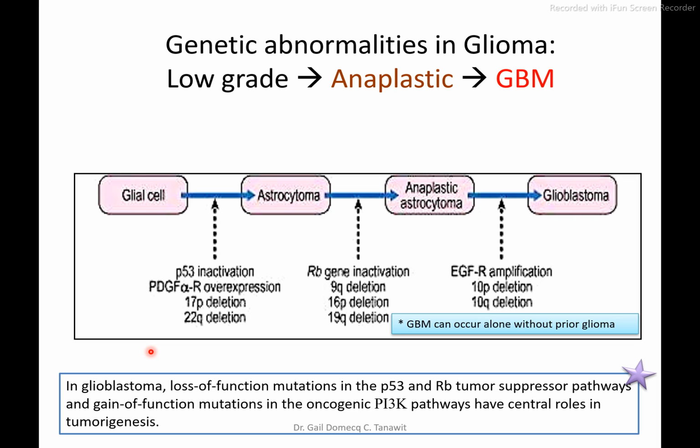Then the astrocytoma, which is a low grade, can have further mutation, RB gene inactivation, 9q, 16p, and 19q deletions, leading into an anaplastic astrocytoma. Then there would be an EGFR amplification. That's the pang pinale, leading into a glioblastoma multiforme.